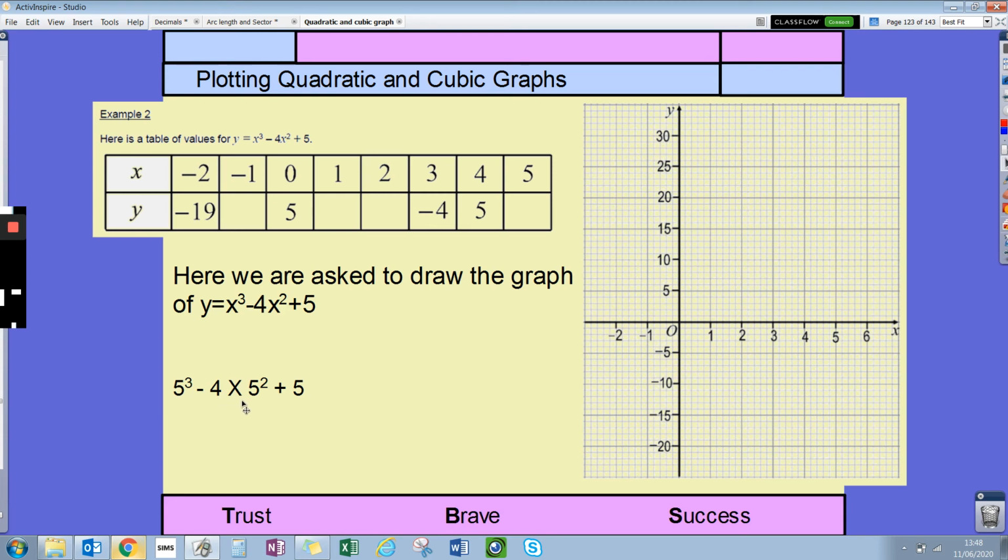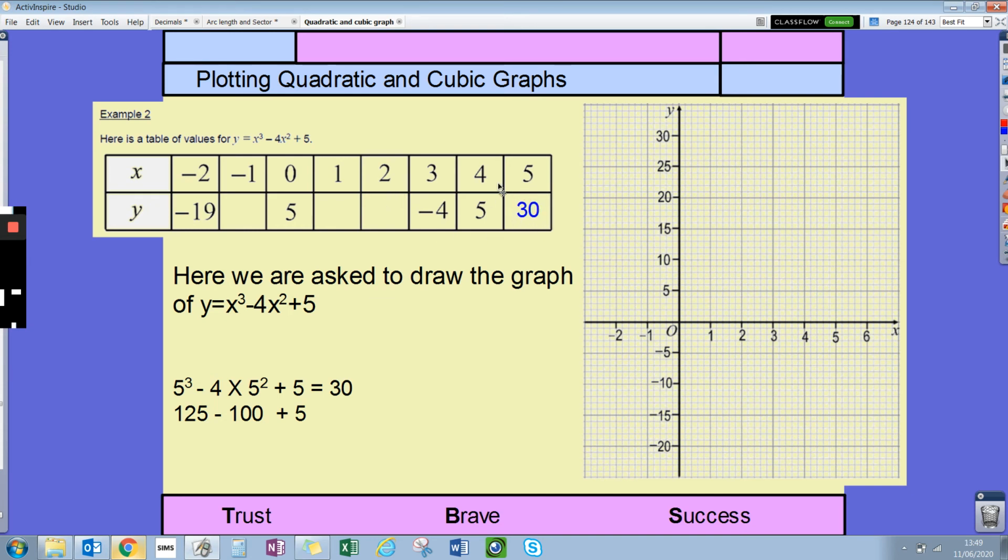And then this bit, 5 squared is 25 times 4, which is 100. So we're going to subtract 100, and then we're going to add 5. So we're doing 125, take away 100, add 5. 125 take away 100 is 25, add 5 is 30. So we've completed that one.